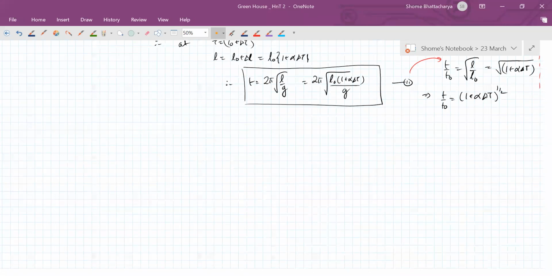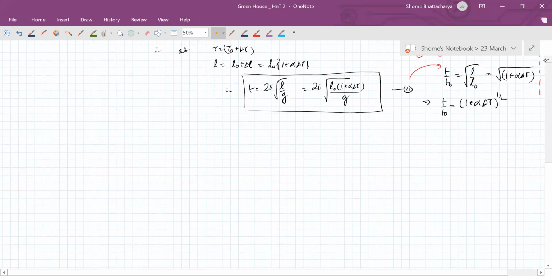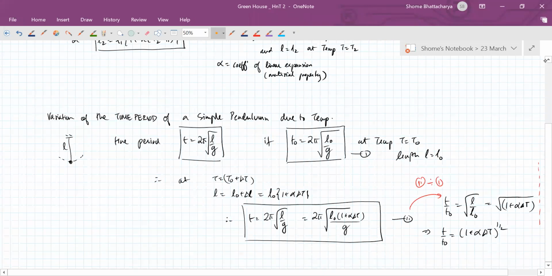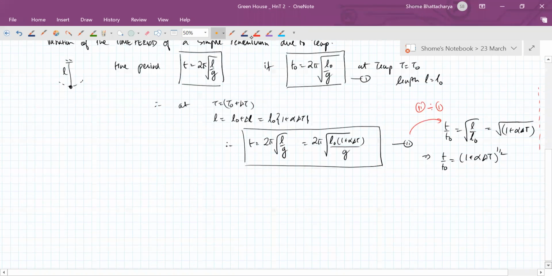Now next thing, okay, just a minute. Yeah, this last step, so it's just the square root comes as a power. Square root of something is that same quantity to the power half. Okay. Now pay attention to the next step.